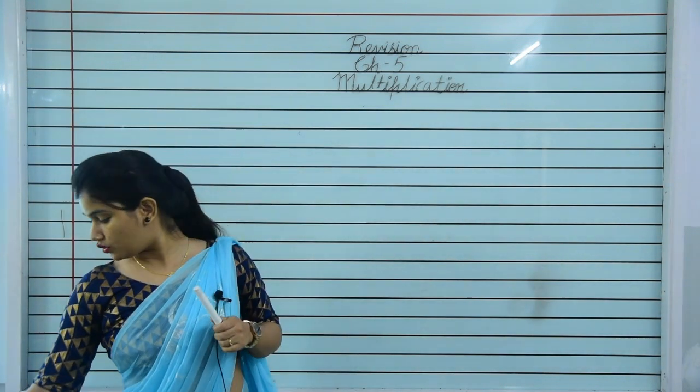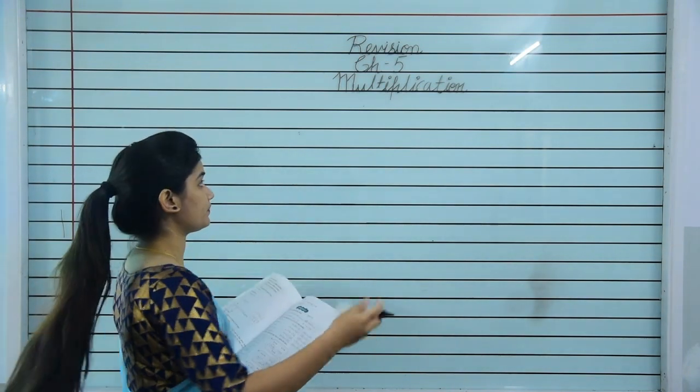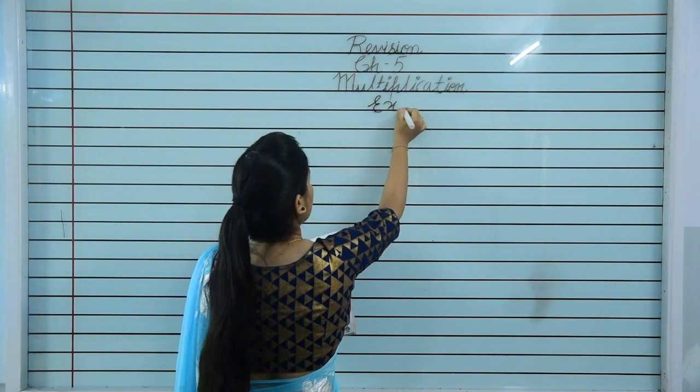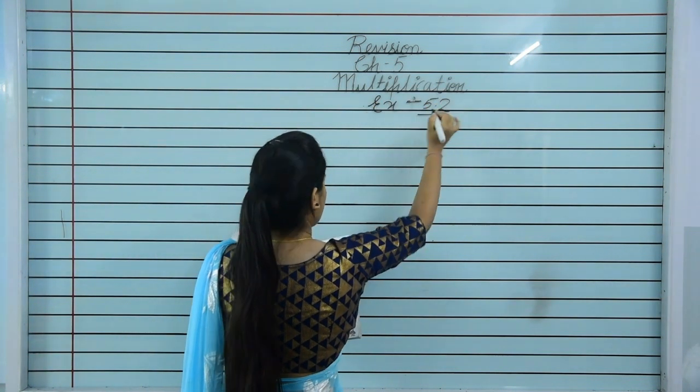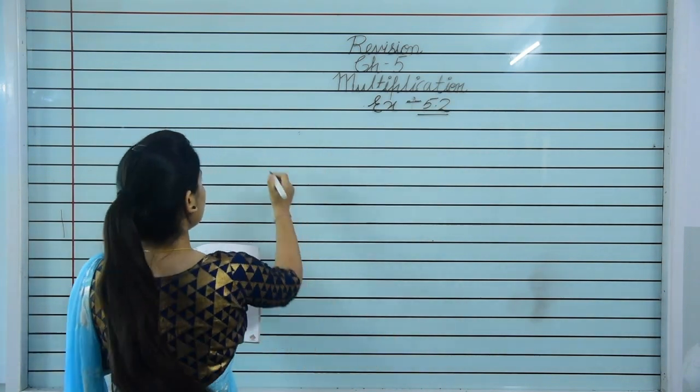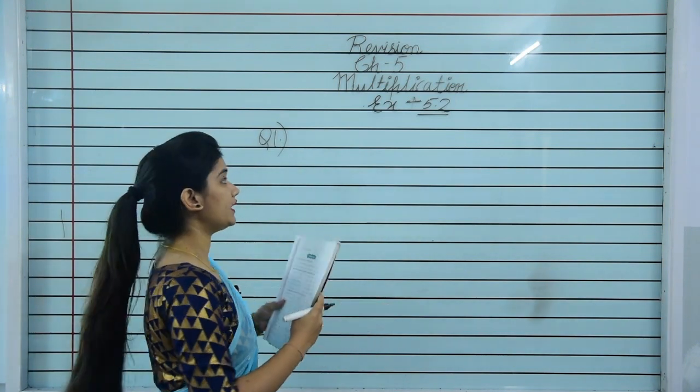Students, open page number 57, exercise 5.2, question number 1. Question number 1 is fill in the blanks using multiplication facts. We have to use the multiplication facts and find the answer.